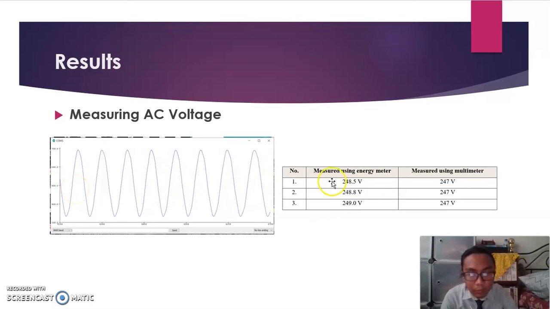This is because the energy meter module is not as accurate as the multimeter measurement, but it is still able to measure a value that is not much different.